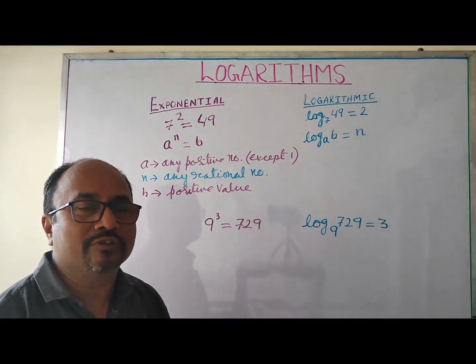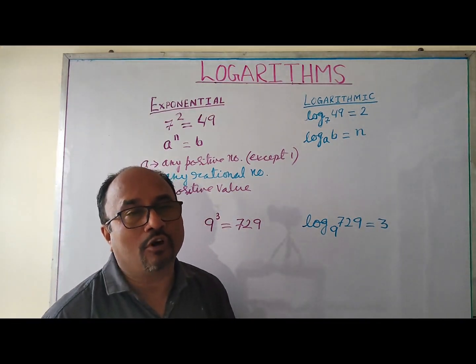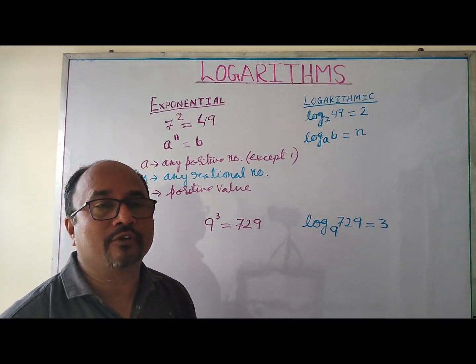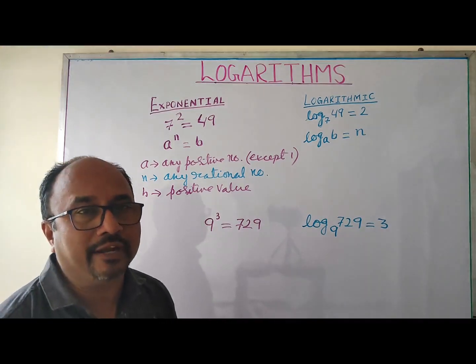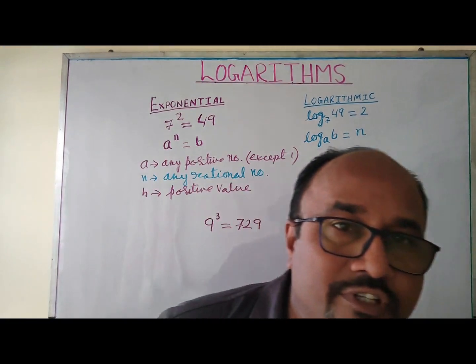So I will take a few more sums whereby we can relate how the conversion from log to exponential form, and from exponential form to log can be done. Okay, so let us take some numbers from the question which is there.